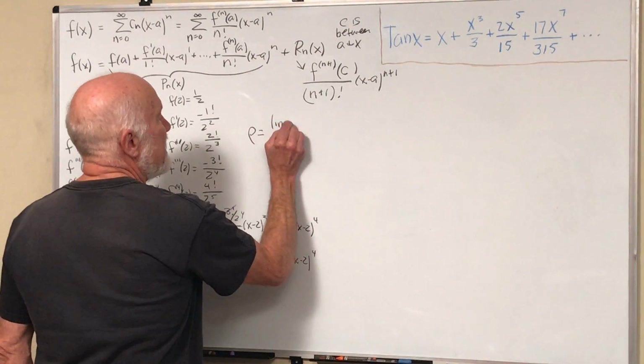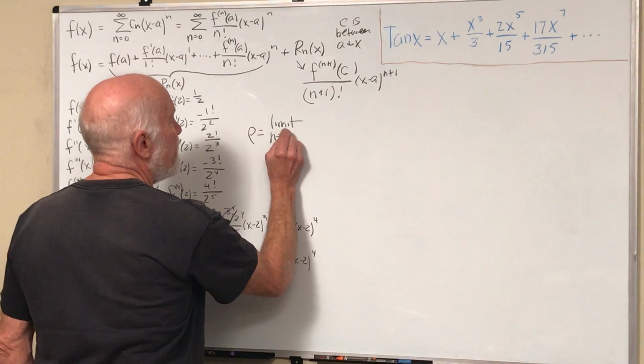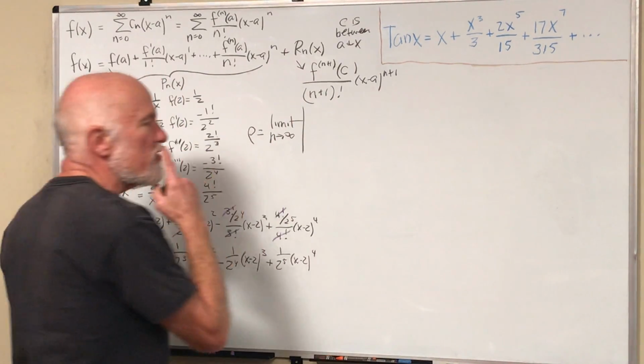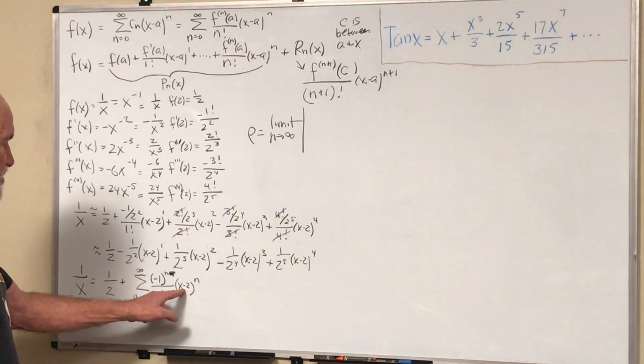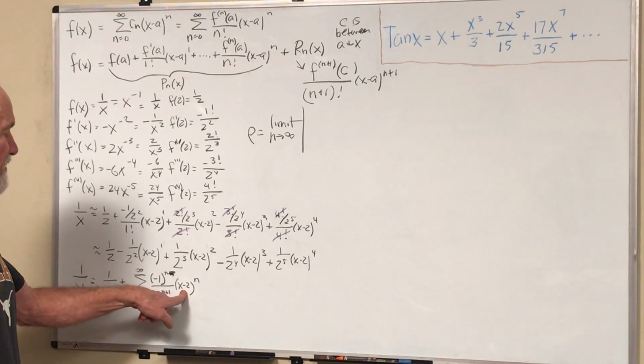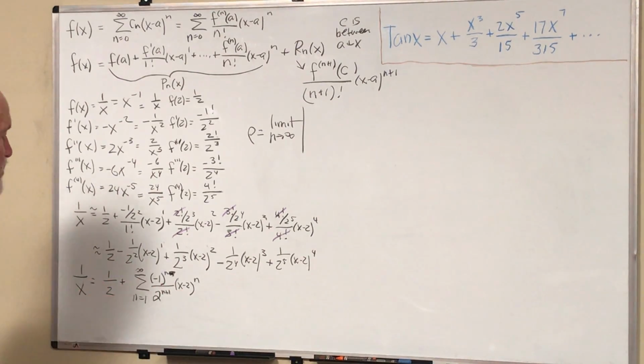So we take the limit as n approaches infinity, but the ratio test only works on positive terms. And some of these terms, depending on what x is, might be negative. So we do it on the absolute value.